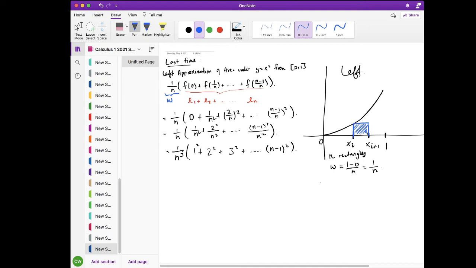Okay, so if you do this for every single interval of length 1 over n, we got this formula from last time: our first rectangle just starts at 0 and stops at 1 over n, which is a boring one, and then you continue.